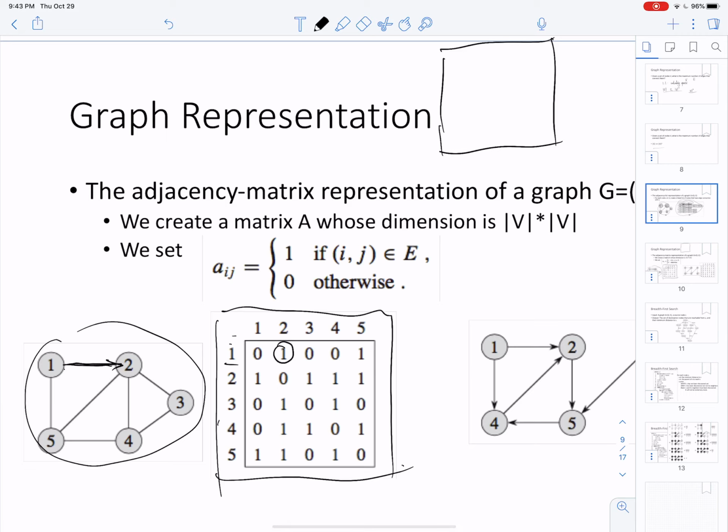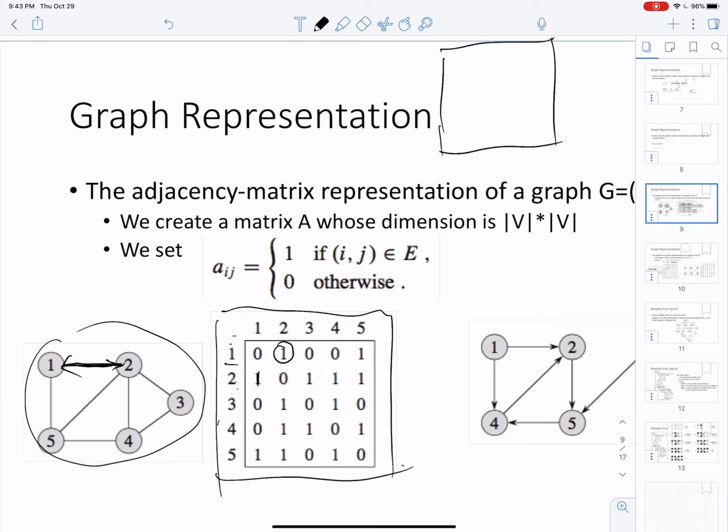Similarly, from node 2 you can reach node 1, so we put 1 at the cell whose coordinates are 2 and 1, denoting that there is an edge between this pair of nodes.